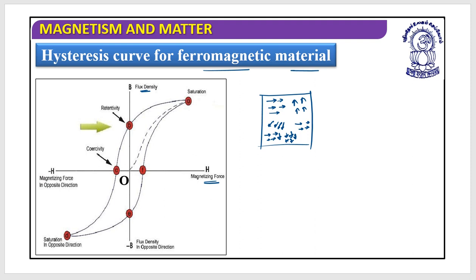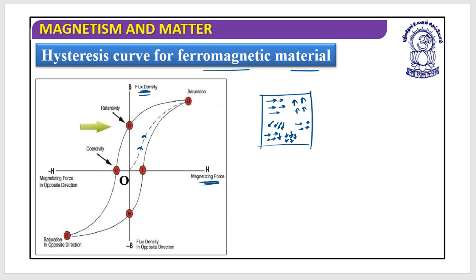Now once this ferromagnetic sample is placed in a magnetic field and a magnetizing force is applied on it, as you can see, as the magnetizing force keeps increasing, the flux density keeps increasing.